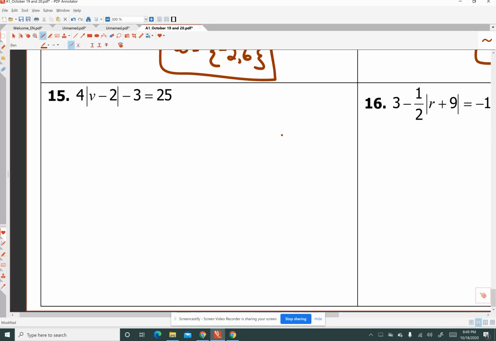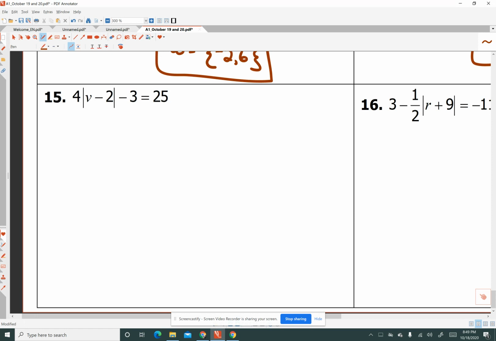And looks like our last two problems of the day. Let's add 3 to both sides of the equation. Whatever we do to one side, we do to the other. So we have 4 times the absolute value of v minus 2 equals 28.